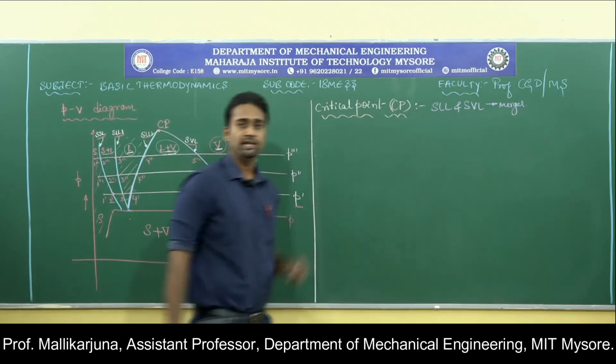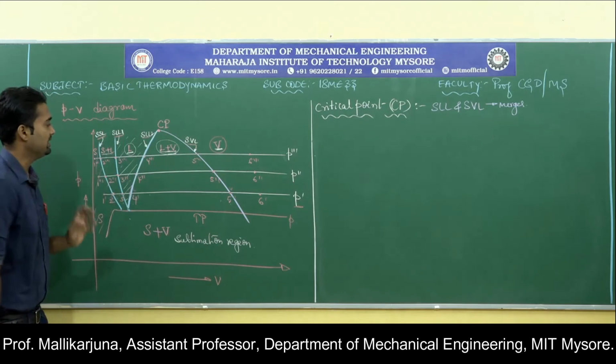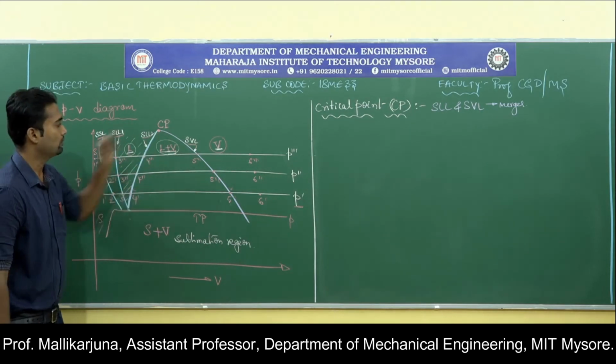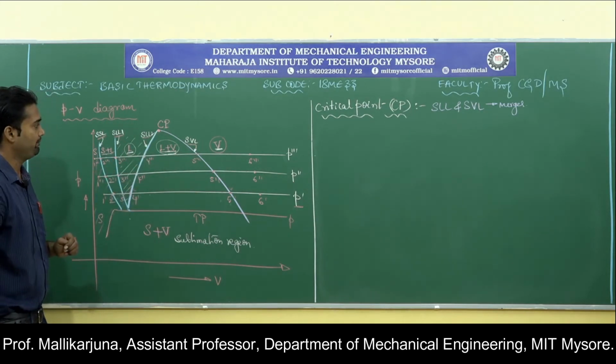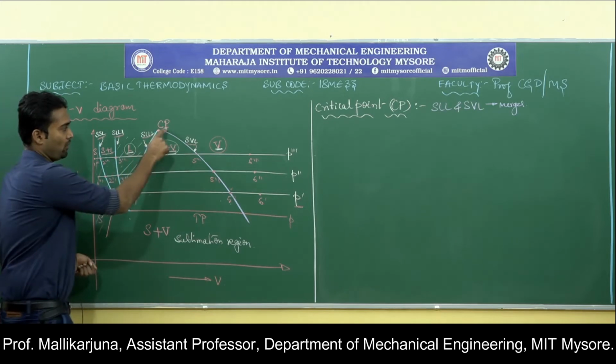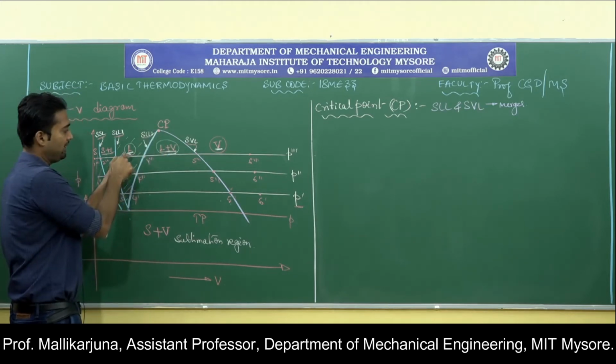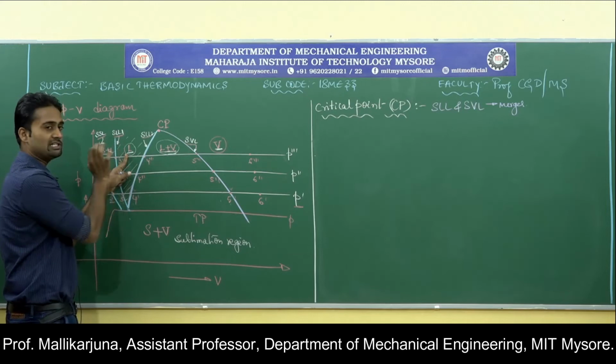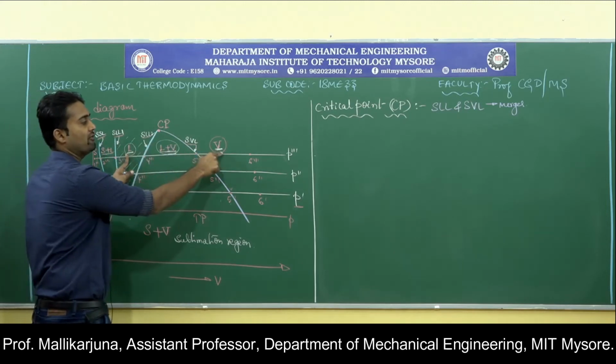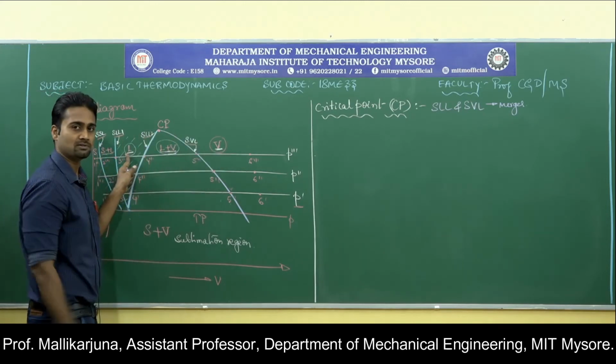This is the beauty of nature. Next thing is, if you clearly look onto the critical point, it is the point at which it is highly difficult to distinguish between the liquid and vapor phases of the same substance.